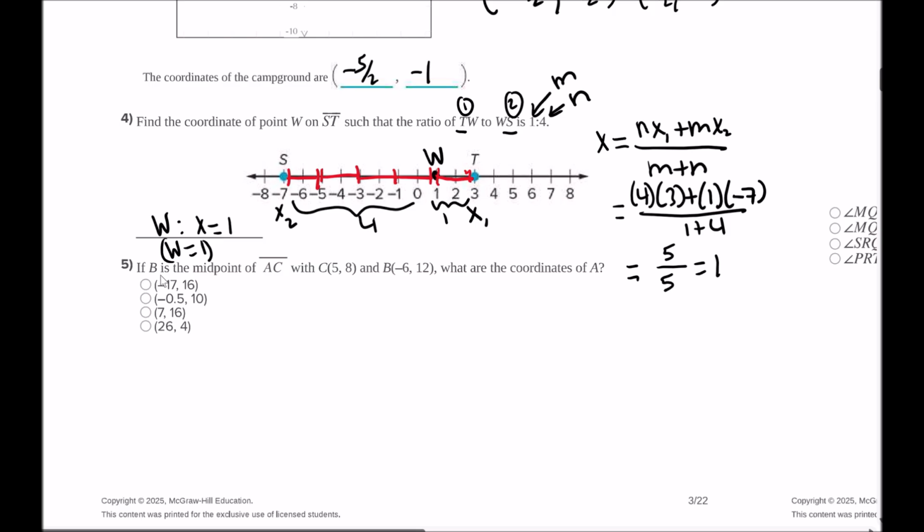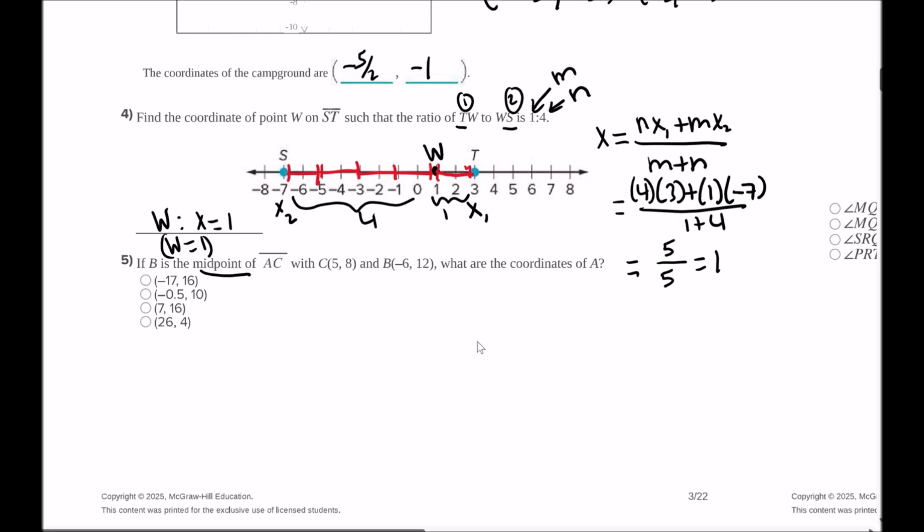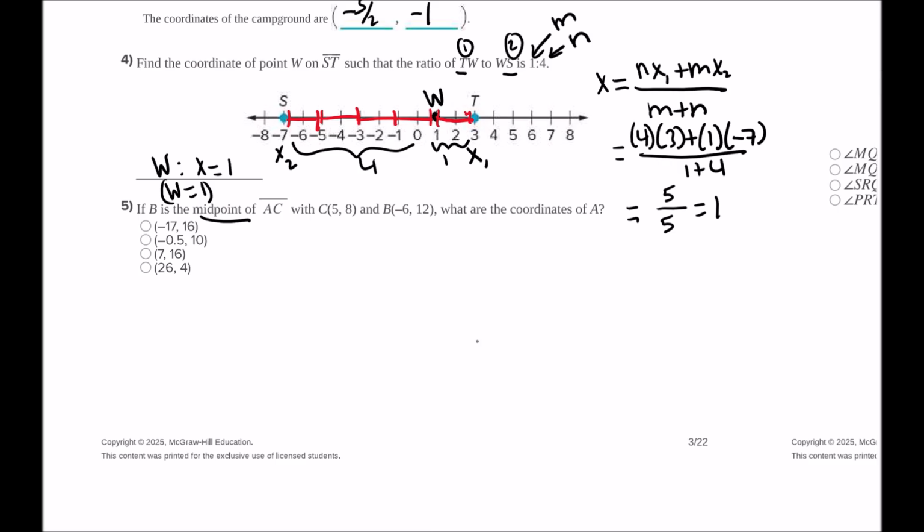Okay, so if B is the midpoint of AC with C (5, 8), and B (negative 6, 12), what are the coordinates of A? Now B is the midpoint. We told you what the midpoint formula is, but we're going to write it in a slightly different way.